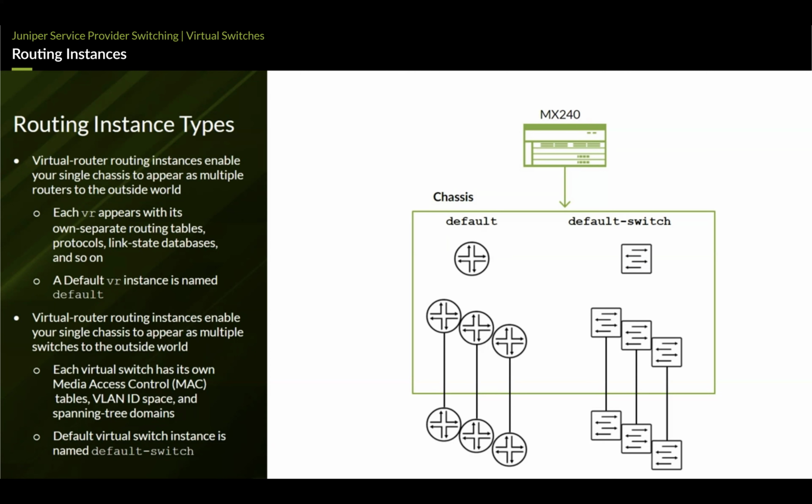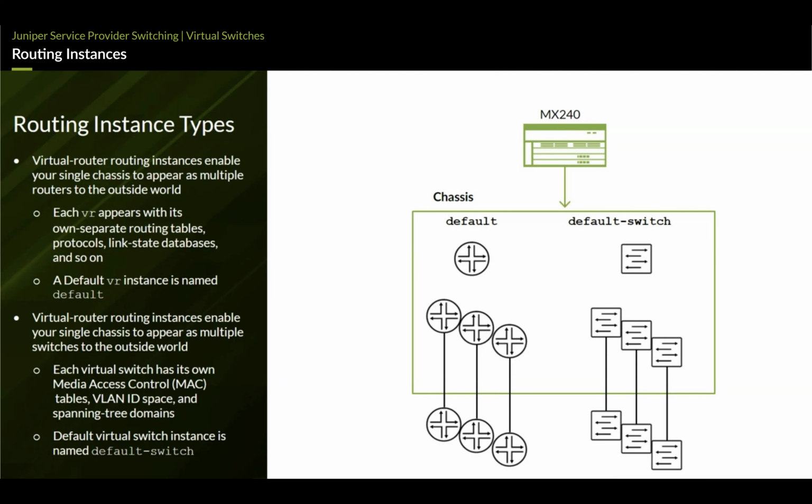That means you can configure some ports as layer 3 ports, and another specific port as a layer 2 port. Layer 2 ports will be in the default switch, and other ports will be in the default chassis, that means in the default routing instance.